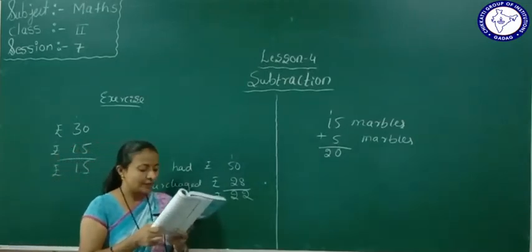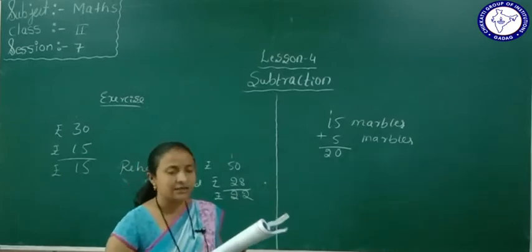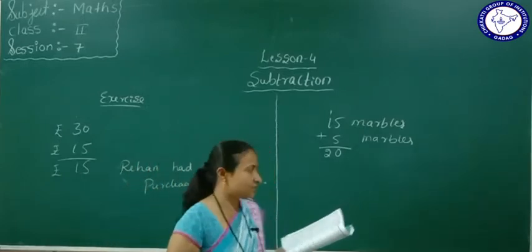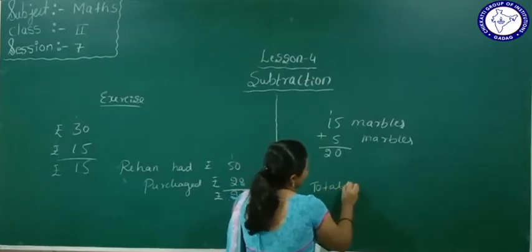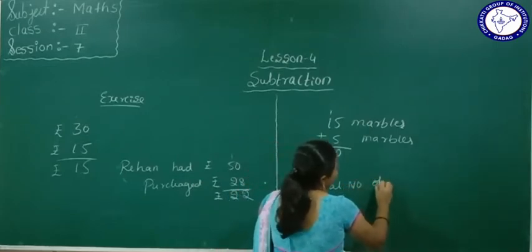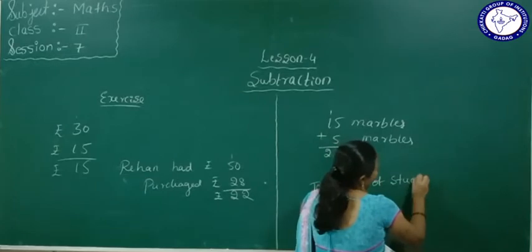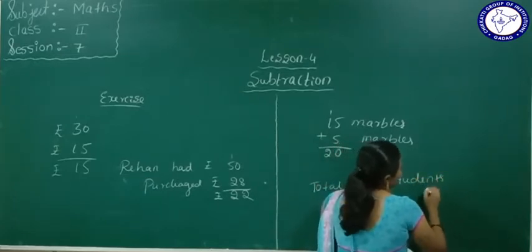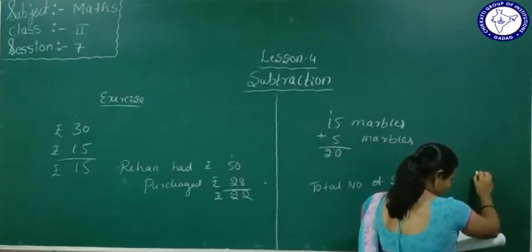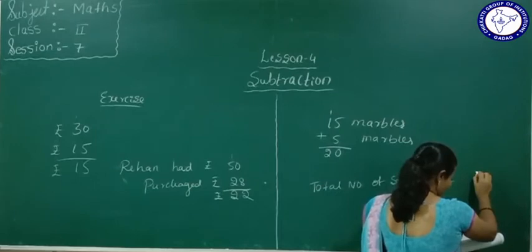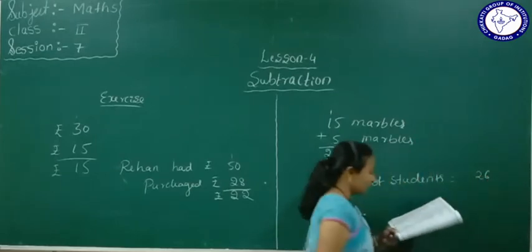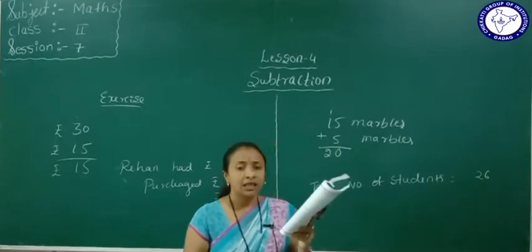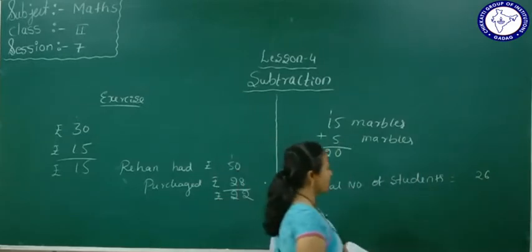If 3 students are absent in a class of 26 students, the total number of students in the classroom is 26. Out of 26 students, 3 members are absent.